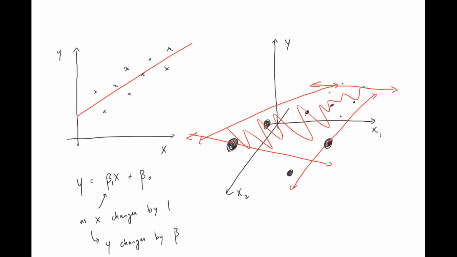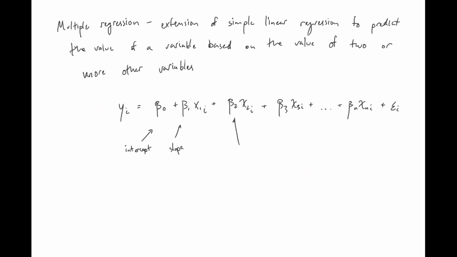So for every 1 unit that x goes, we go up by beta, which is our slope. And when we think about what the coefficients mean on each of the successive betas, that interpretation actually remains the same.